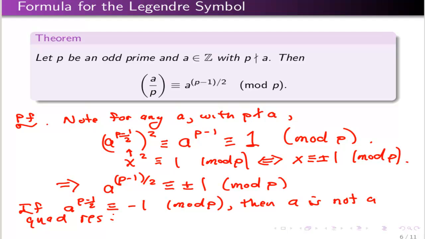Right, it's a quadratic residue if and only if this came out to be plus 1. Then a is not a quadratic residue, and therefore the Legendre symbol, by definition, is negative 1. So when the right-hand side is negative 1, so is the left. When the right-hand side is plus 1, so is the left. And so we've got agreement in both cases.